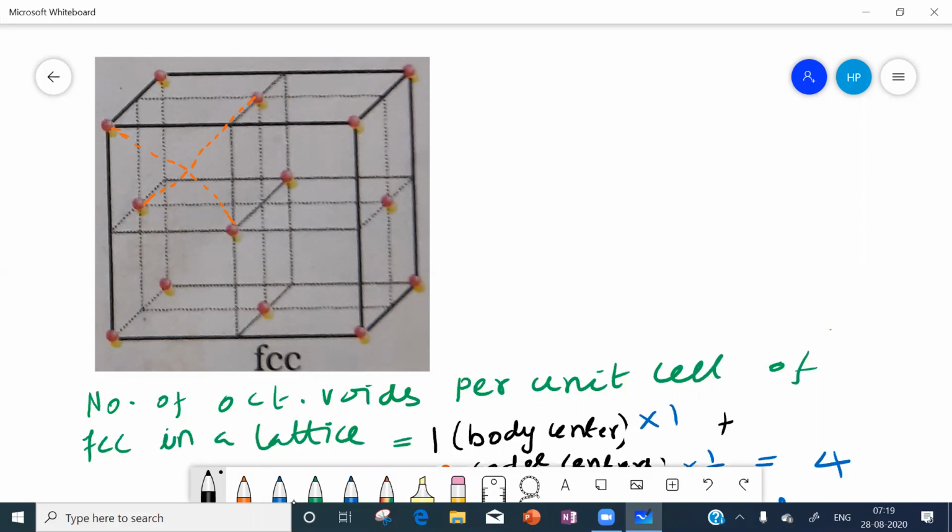From this corner you are going to the center point of this small cube, and from the center point of the small cube you are going to this face center.